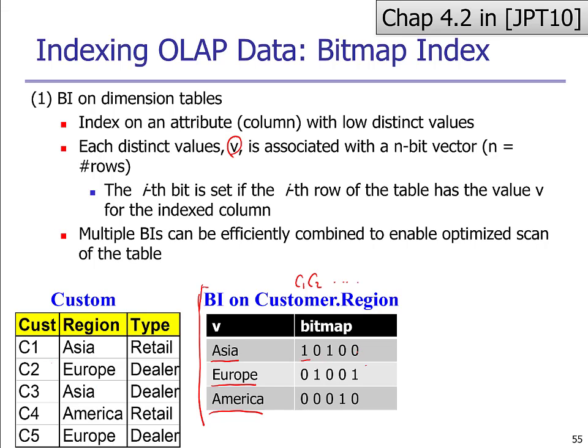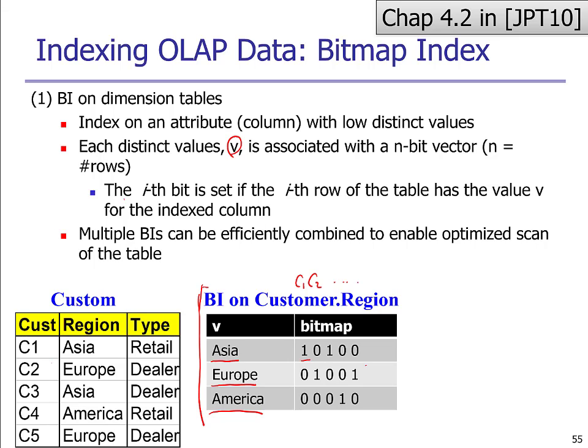And for the other three, because they're 0, the region is not Asia. So the ith bit is set if the ith row of the table has the value v for the indexed column. And multiple bitmap indexes can be efficiently combined to enable optimized scan of the table.